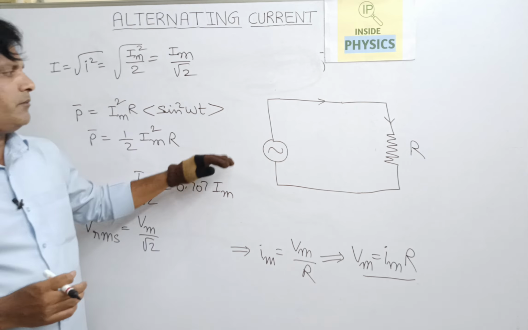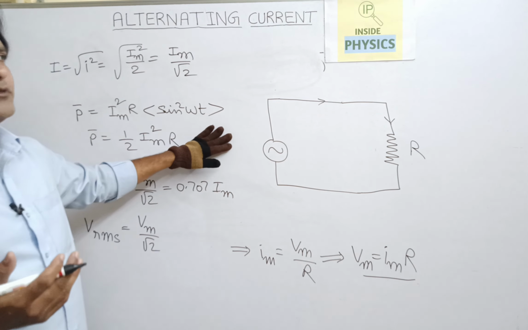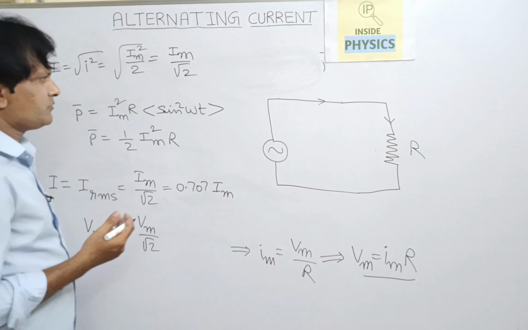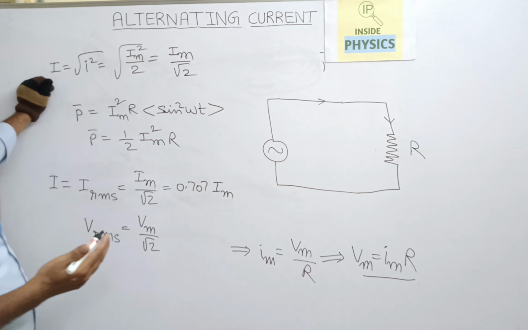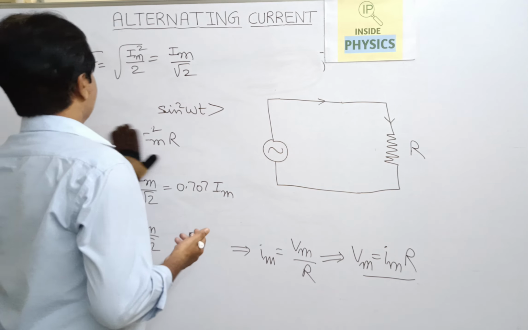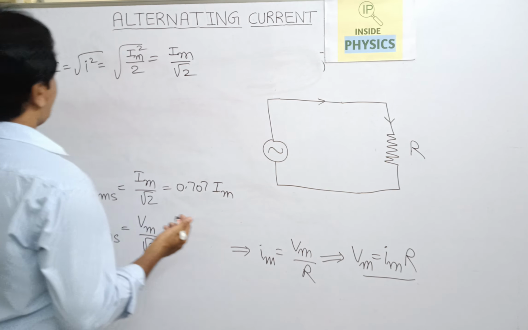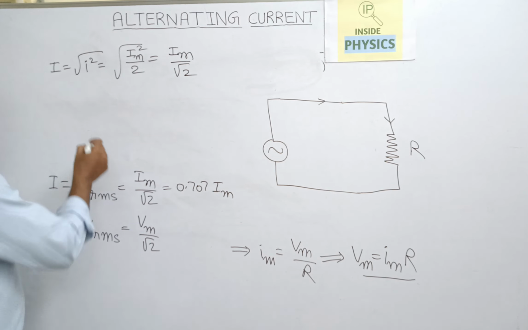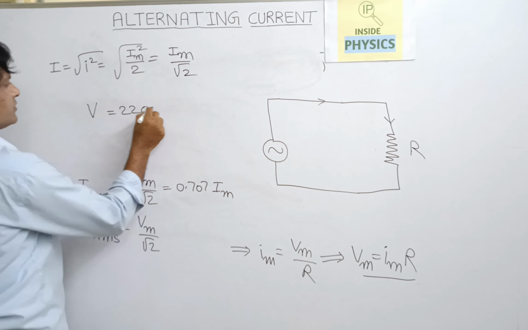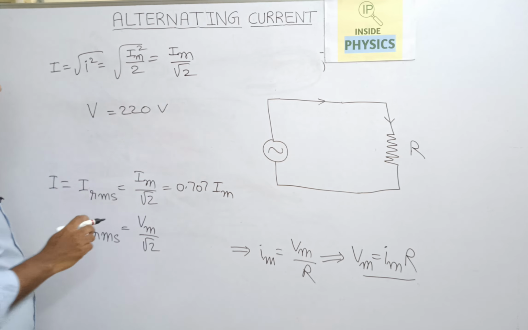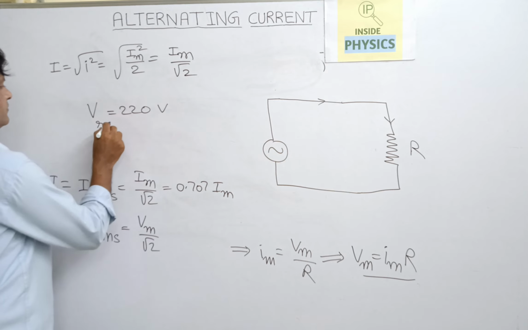The mains power supply in our homes gives alternating current. So what is the voltage that comes into our homes? That is the RMS voltage only. The voltage we use in our homes is 220 volts, which is the RMS value.